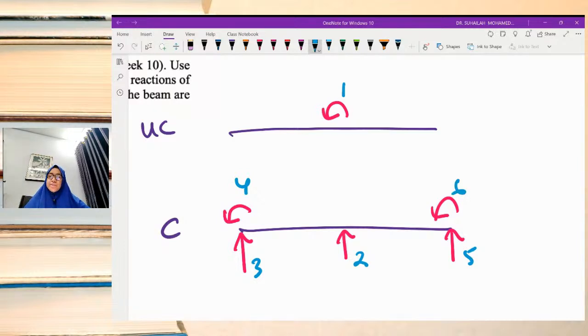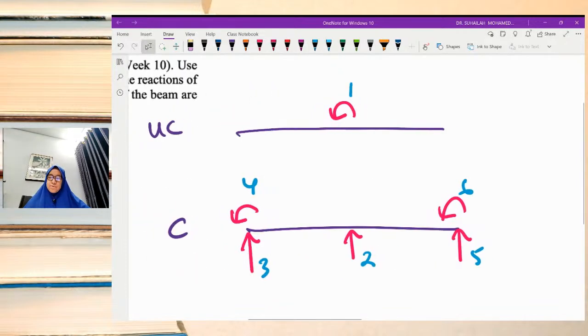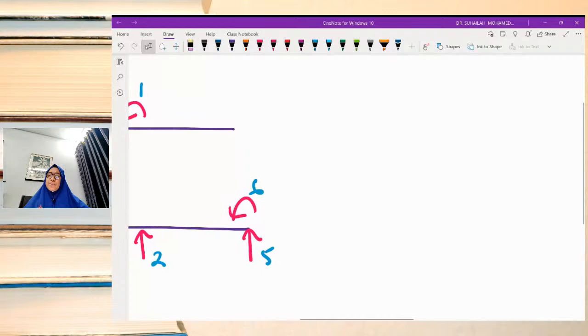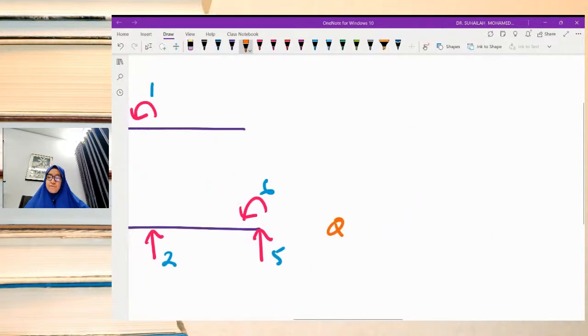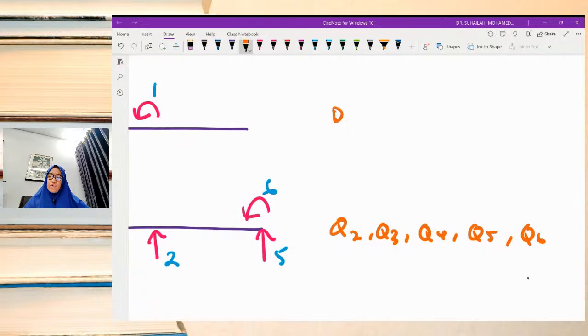Okay, so for the constrained system, there are unknown reactions. So the unknown reactions will be labeled starting from 2, 3, 4, 5, 6. And for D, we have only D1.